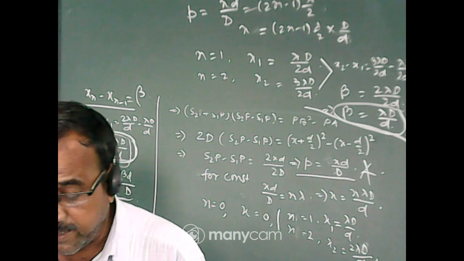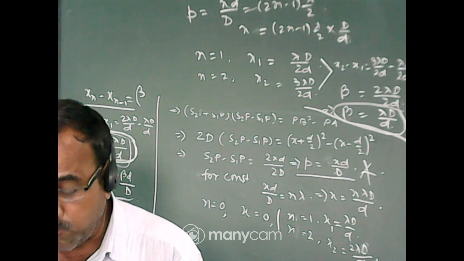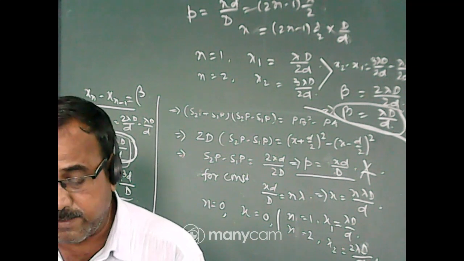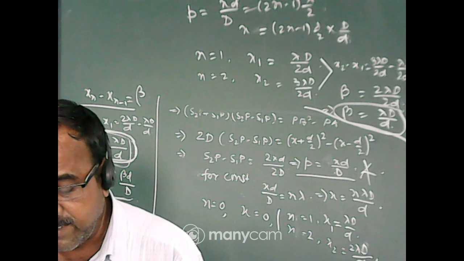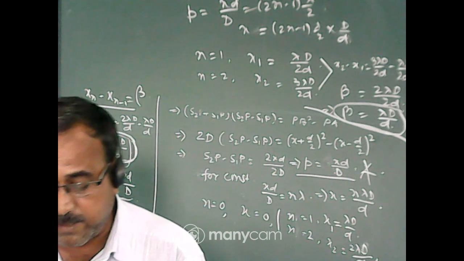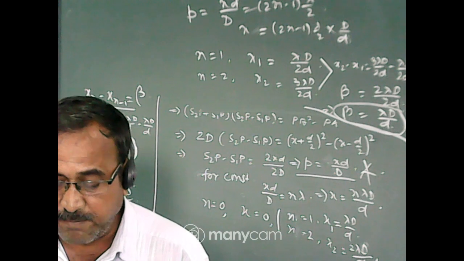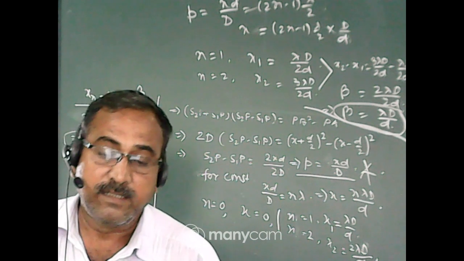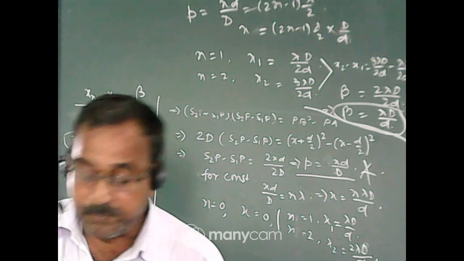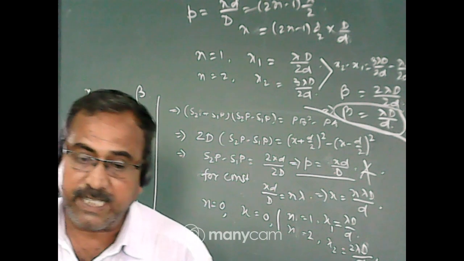By measuring the distance small letter d between the two coherent sources and their distance capital D from the eyepiece, the value of lambda can be calculated by the formula lambda equal to beta d by capital D.